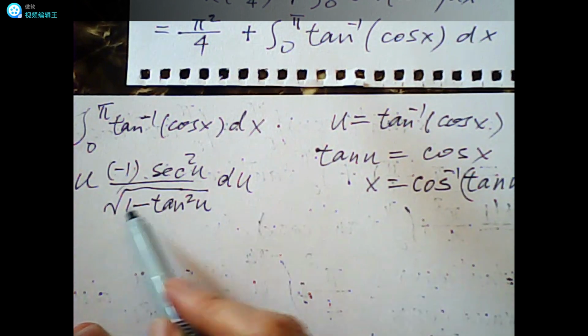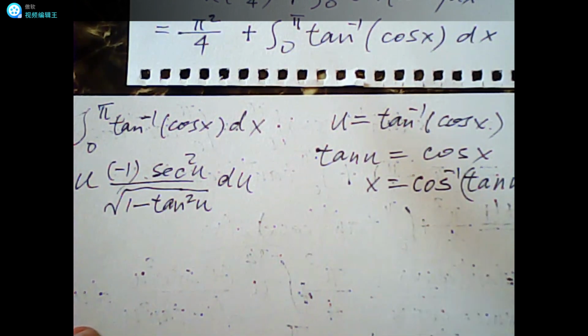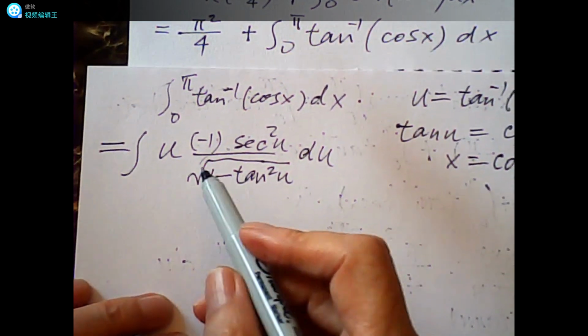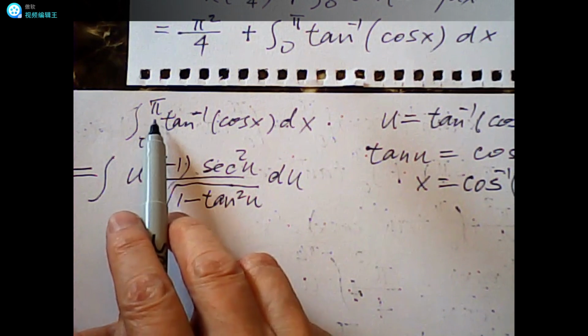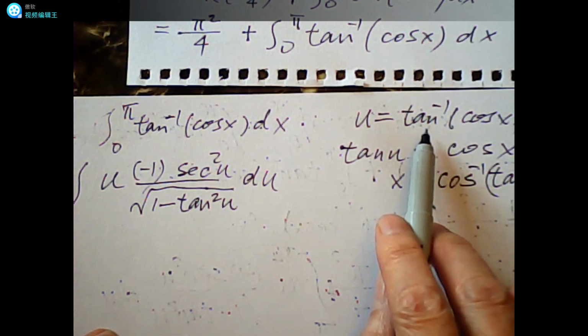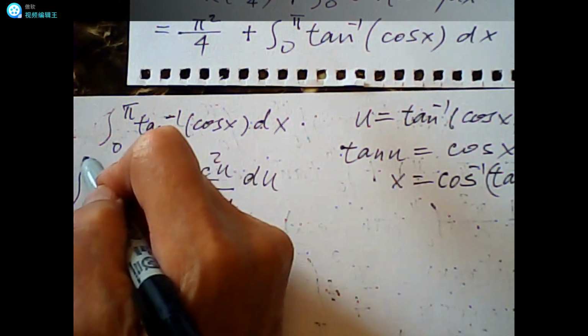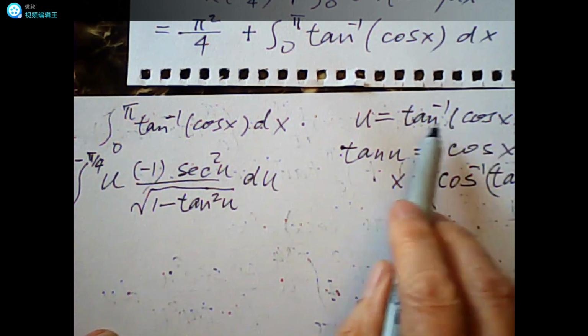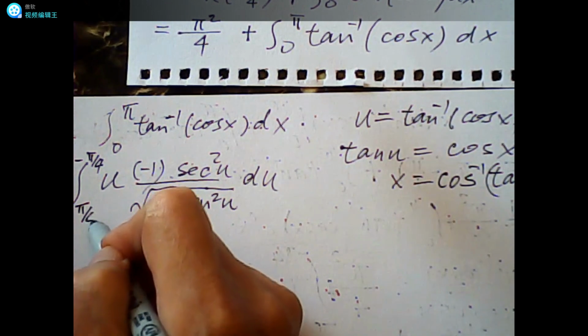That is the derivative of x with respect to u. And when x equals pi, this will be negative quarter pi. When x equals 0, this is a positive quarter pi.